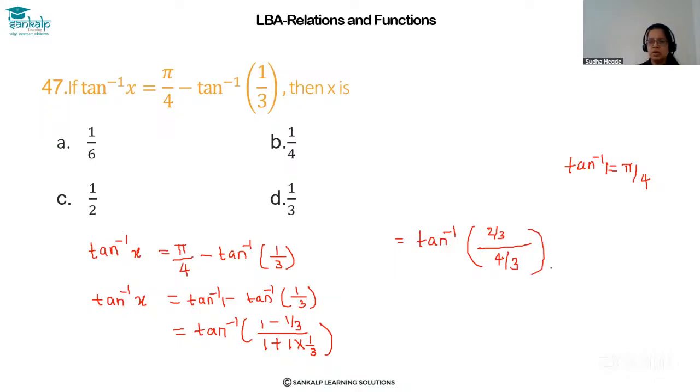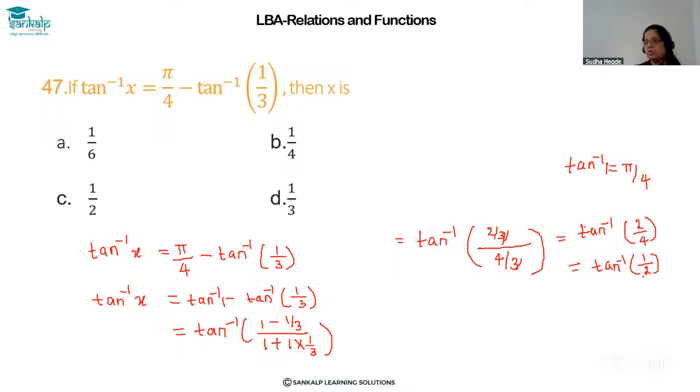You can cancel this 3, 3, so that is equal to tan inverse 2 by 4. That is equal to tan inverse 1 by 2.